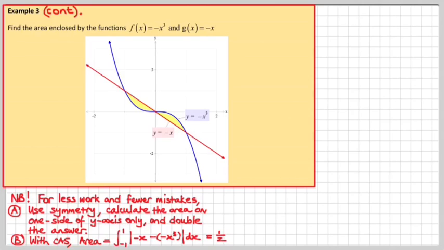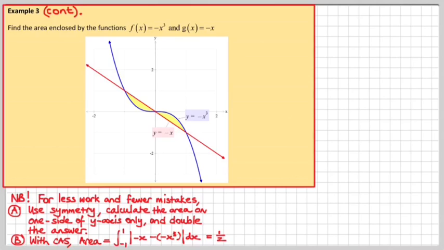Secondly, with CAS, you could just work out the absolute value function of, say, the left-hand side, which was top minus bottom, that's red minus blue, but the absolute value of that, and then you evaluate the whole thing from -1 to 1, because you're never going to get a negative value of top minus bottom, even though they flip-flop, because you have the absolute value function in there to make sure that the result of taking one from the other is always positive.